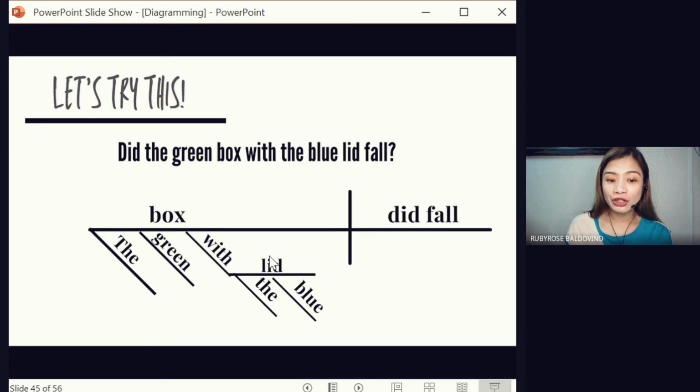Now we have an article the, which should be placed under the object of preposition, and we have the word blue. The modifier blue describes the word lid, so we have to place it underneath it, on another slanted line, because it describes our object of preposition, which is lid. So that's it. We just have to continue following the same principle.